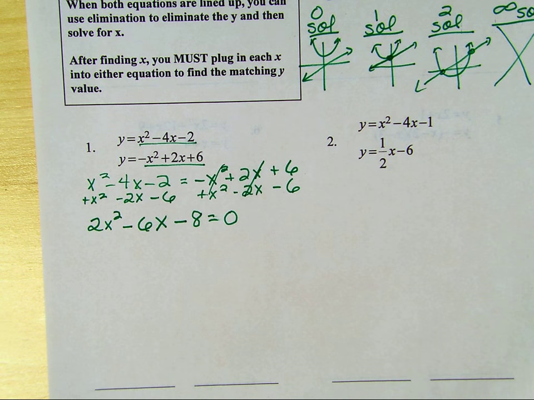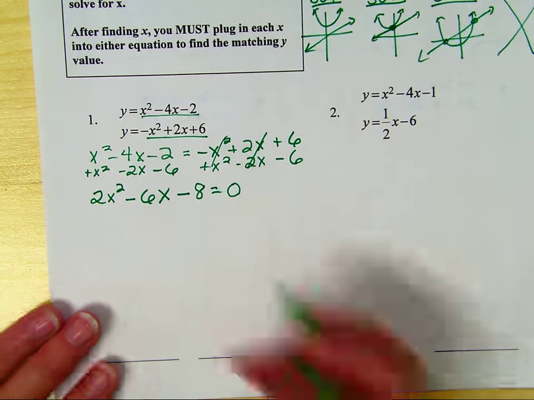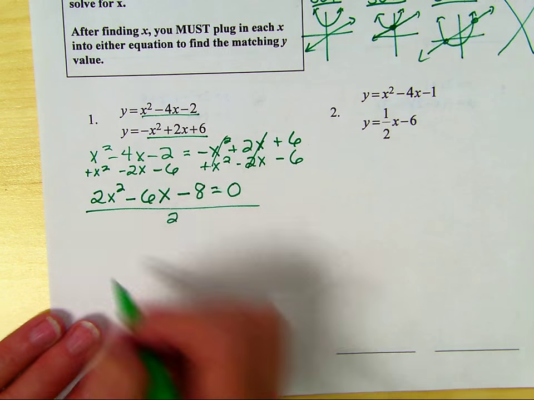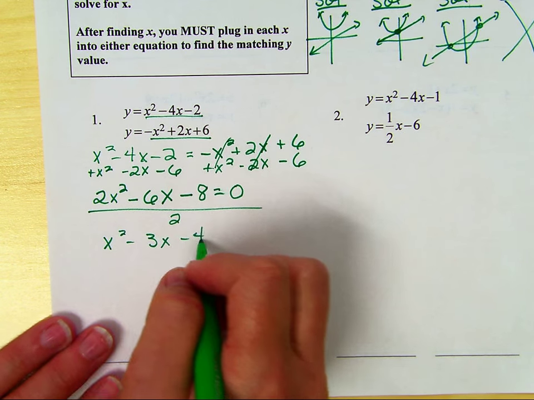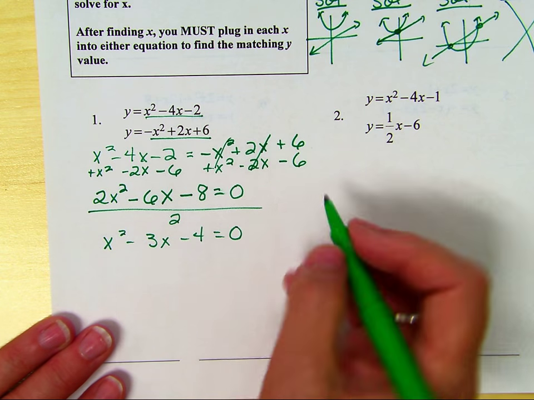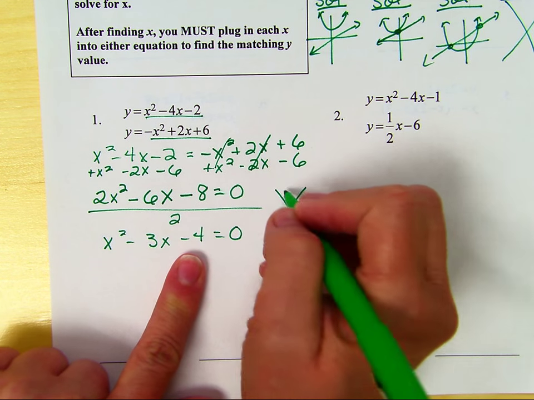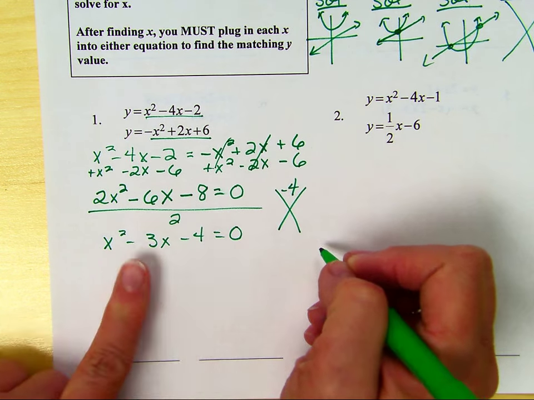Okay? So now we're ready to factor. Can I simplify this equation so it'll be easier to factor? Yes. I can divide the whole thing by 2, and I get x squared minus 3x minus 4 equals 0. So I'm looking for the factors of negative 4 that add to be negative 3.